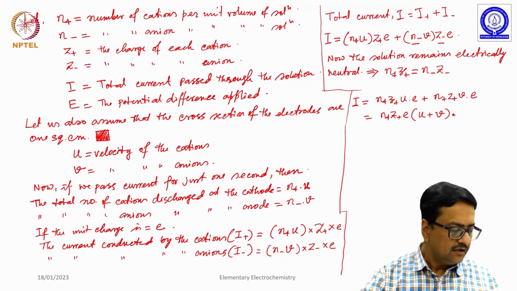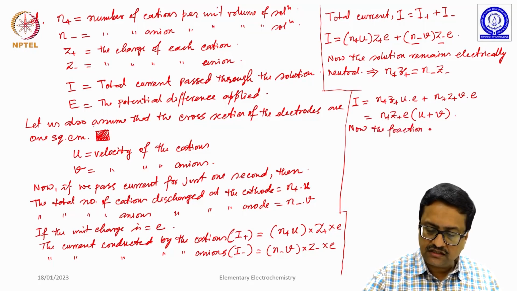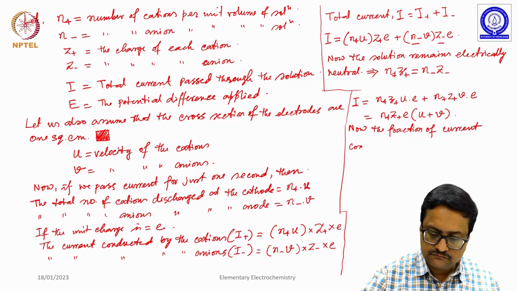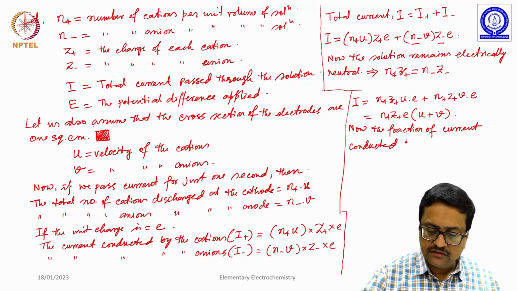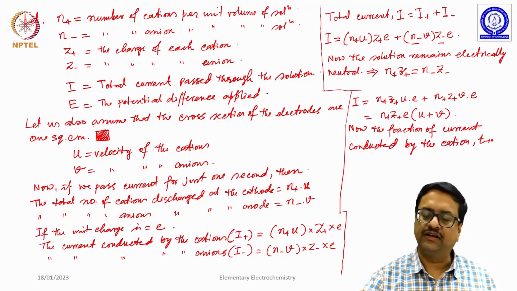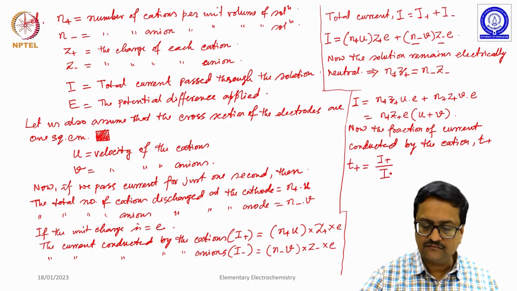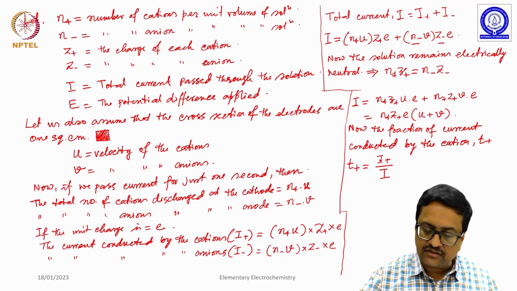So, now the fraction of current conducted by the cation, which is represented as T plus, that is the fraction of current. We write T plus is equal to I plus by I, because total current conducted by cation divided by the total current.